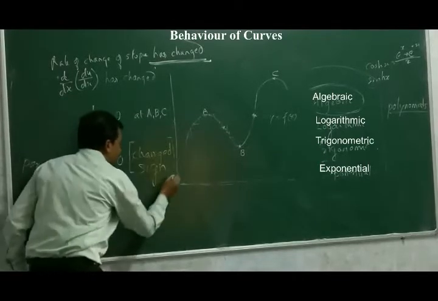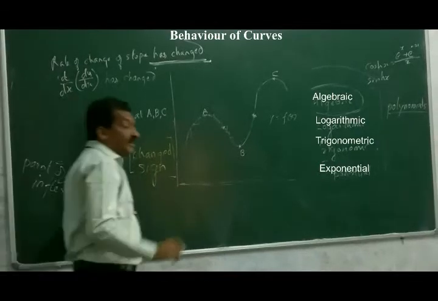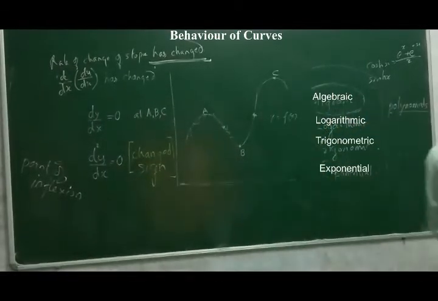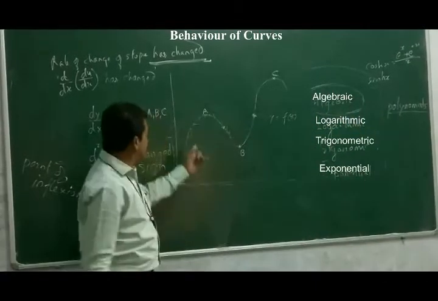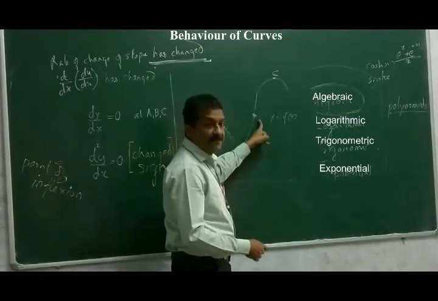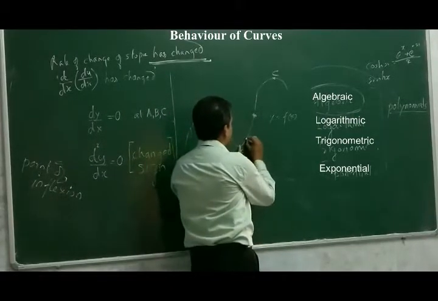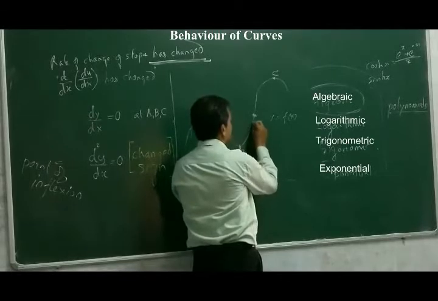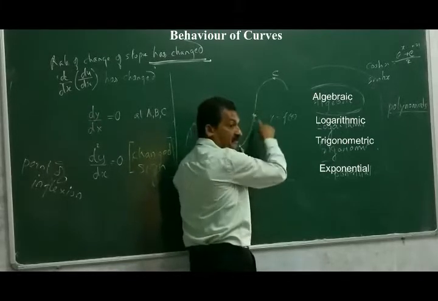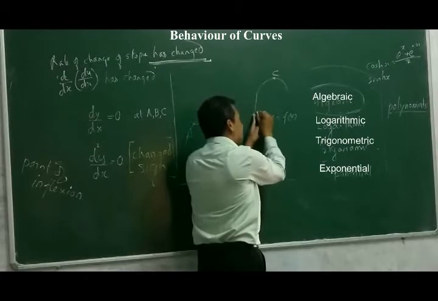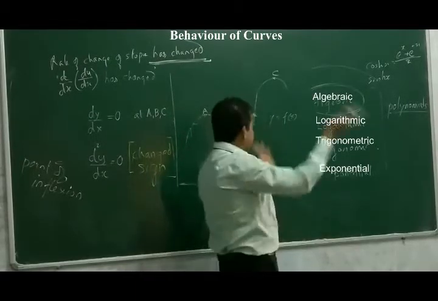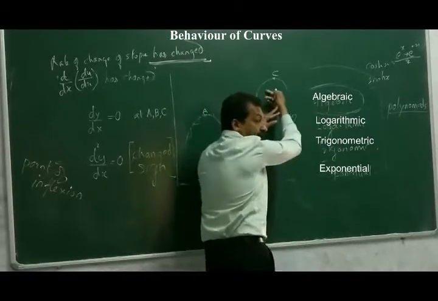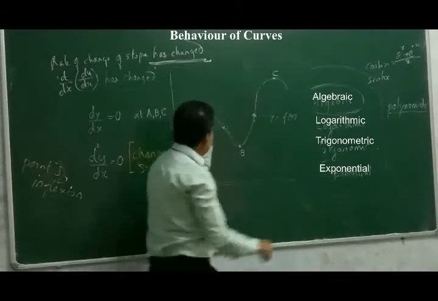This is the most important thing. It's not sufficient that it is 0. d squared by dx squared has to change sign from positive to negative, or from negative to positive. Here things are different. Positive slope, positivity is increasing, and here also it is positive, but now positivity is decreasing. So it has changed from positive to negative, and here it was negative to positive.